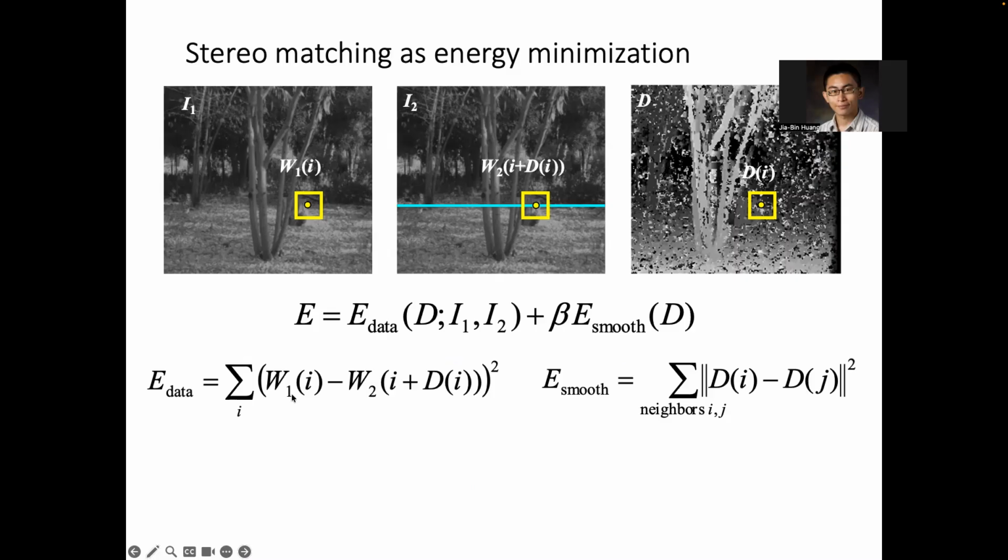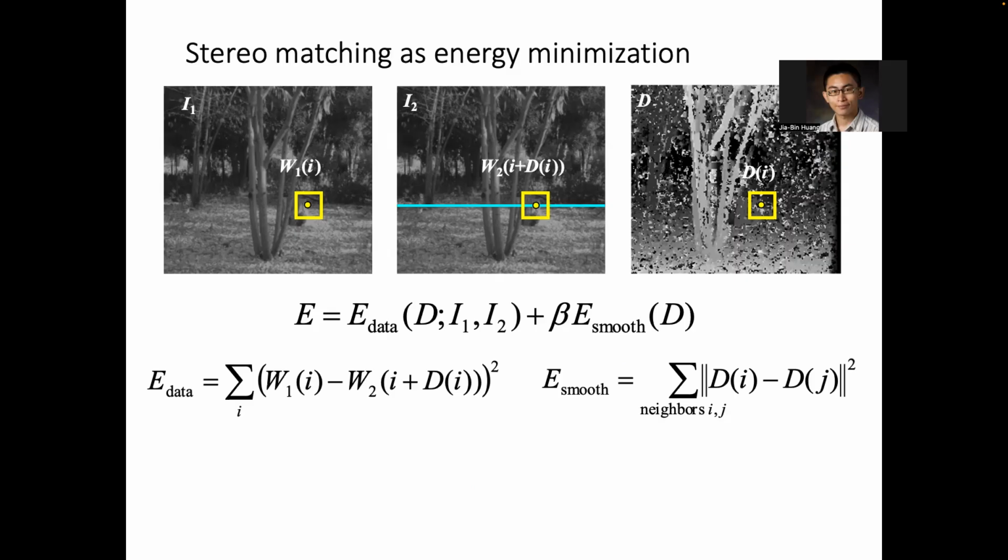But if you only have this data term, it will give you something very noisy, because when you decide which patch matches this patch, you're making the decision independently. So what you can add is a smoothness term.